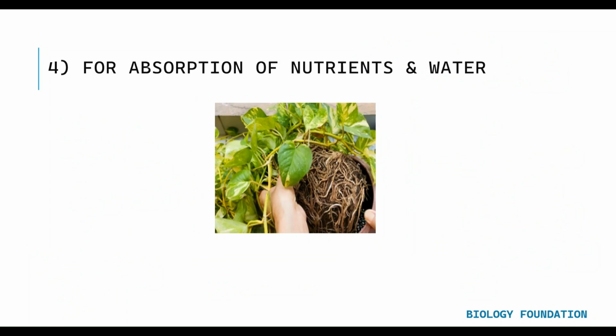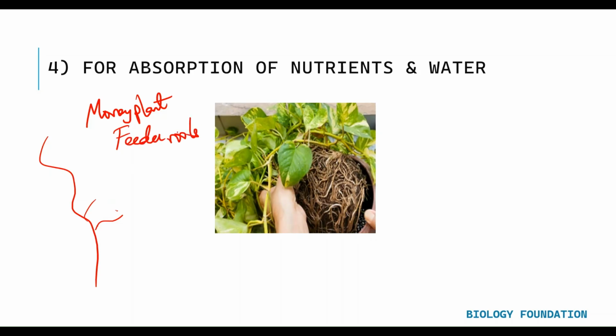Next is modification of roots for absorption of nutrients and water. In money plant, you can observe that basically, you have the stem, and from the stem, roots arise. And these roots help in proper absorption of nutrients and water. They are called feeder roots because they feed the plant with proper nutrients and water.